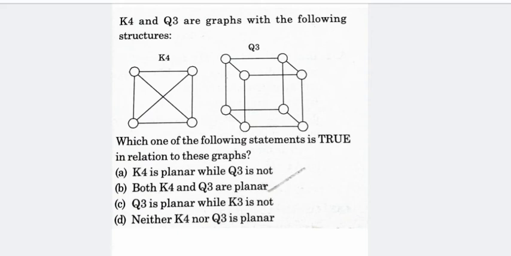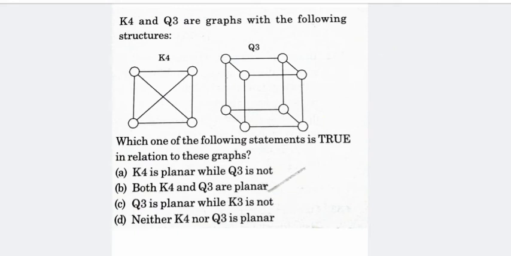Option B, K4 and Q3 both are planar. Option C, Q3 is planar while K3 is not planar. And option D, neither K4 nor K3 is planar. So the correct answer is option B. Why? Because we already solved this type of question, so K4 and K3 are both planar graphs.